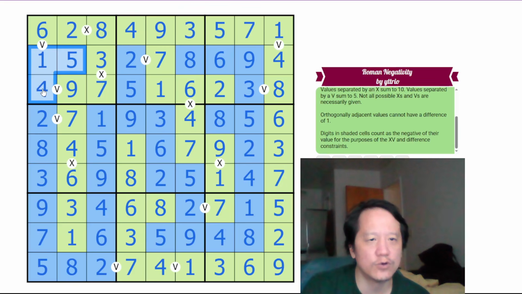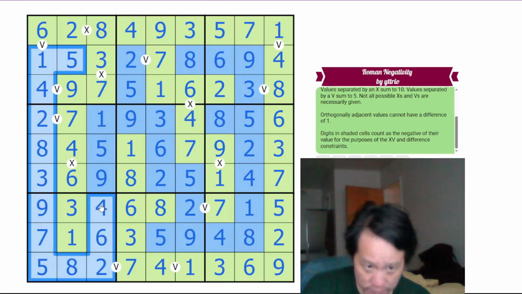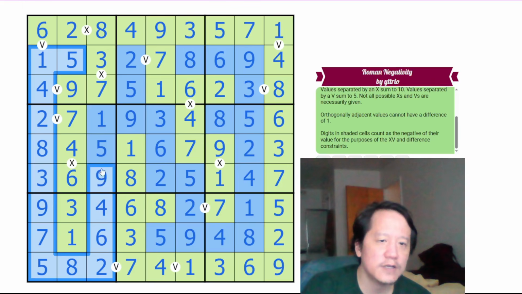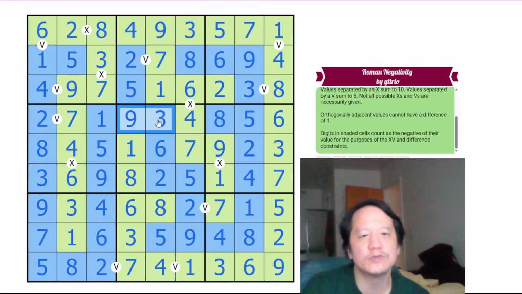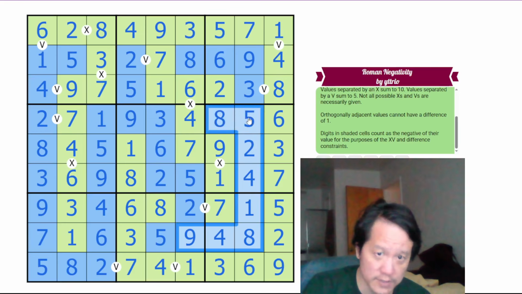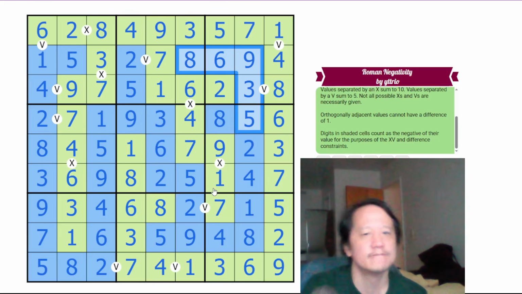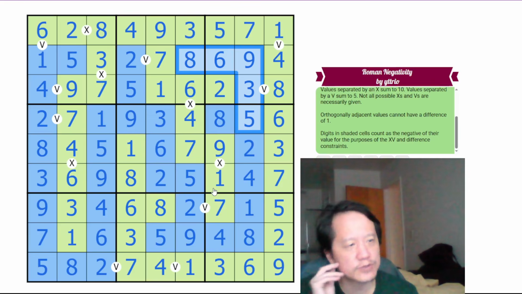Going this way, and going this way. So none of those are consecutive.